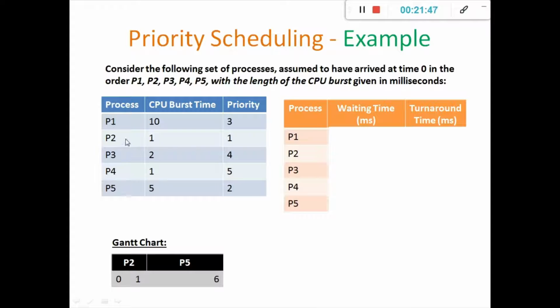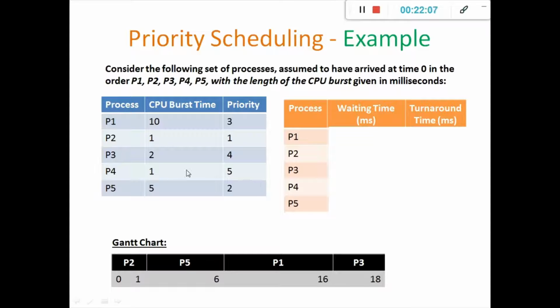Next to P5, P1 has the highest priority, whose CPU burst time is 10 milliseconds. So 10 plus 6 is 16 milliseconds. The completion time of P1 is 16 milliseconds. Then after P1, P3 gets the turn of the CPU. Its burst time is 2 milliseconds, so 16 plus 2 is 18 milliseconds.